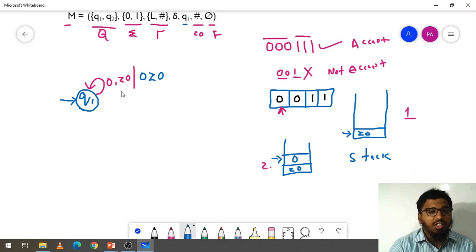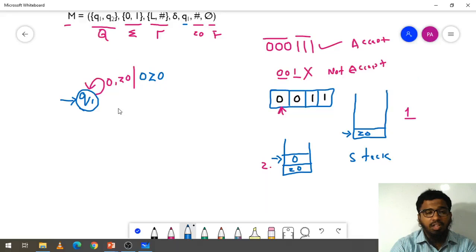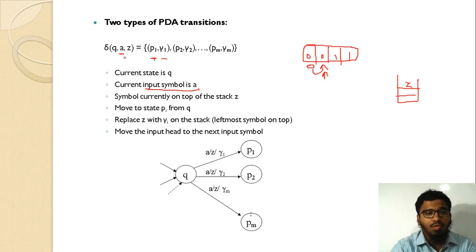Did you understand this? If you did not understand, we will go back to our PPT. Here, can you see this equation delta Q A Z? So already we have an equation. I will write here. What is the equation?